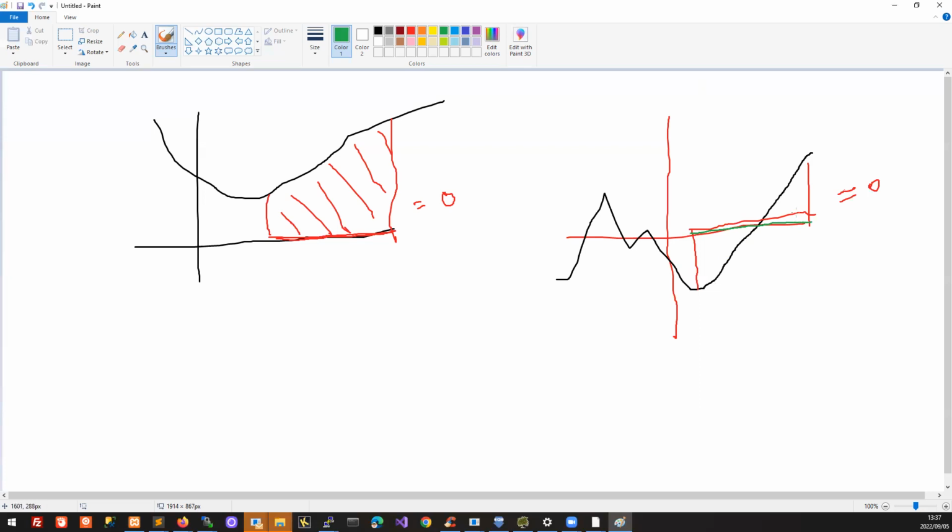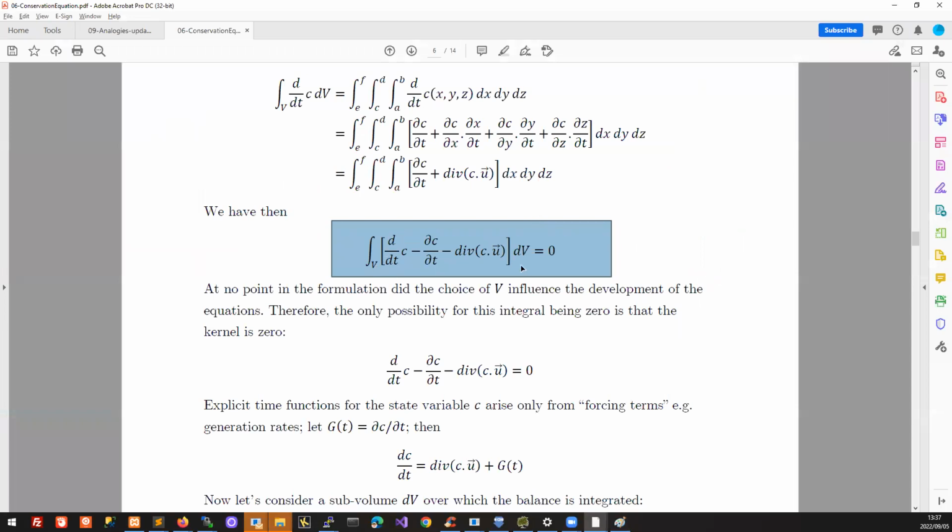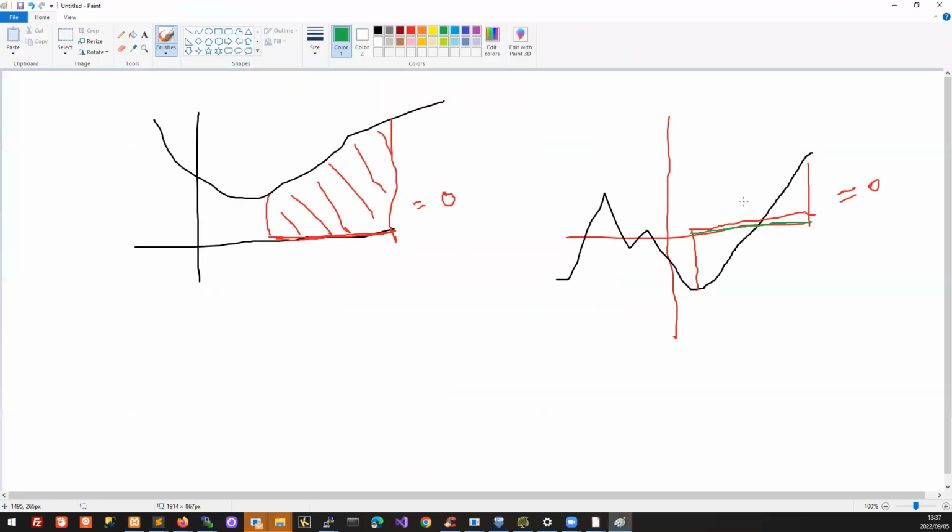Now, this integral is zero no matter what volume we pick, no matter what limits we pick here. So for this to always be zero, that means if we pick any other boundary, so let's say we keep the endpoint the same, but now we integrate a bit past that, then there's this extra piece we have to add to our integral.